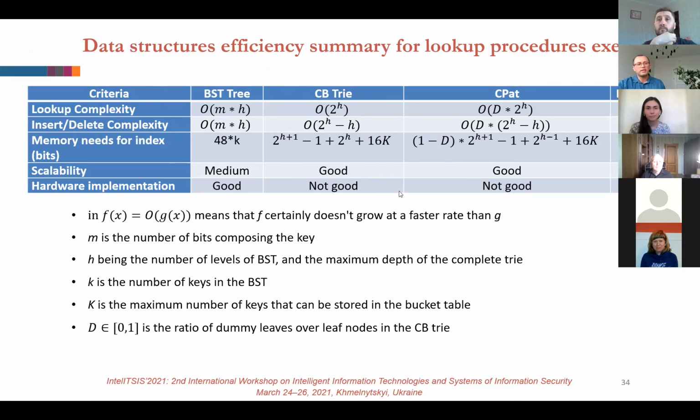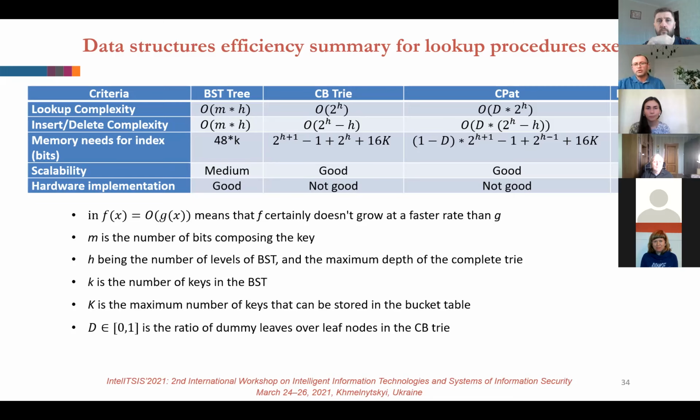So we are based on the following: not good means that we have a higher complexity of the algorithm. And for resource constrained devices, this is not some absolute estimation; we estimated according to the requirements of this application.